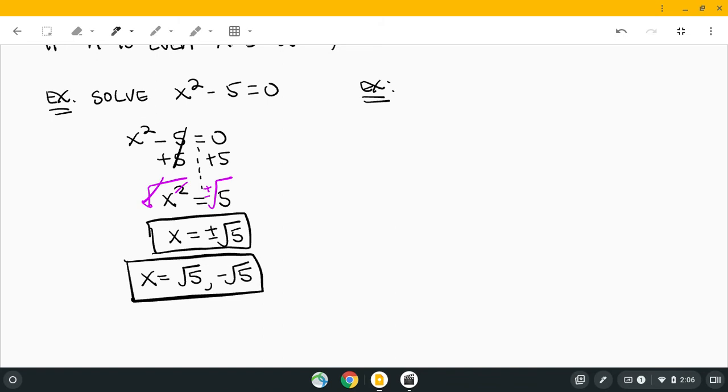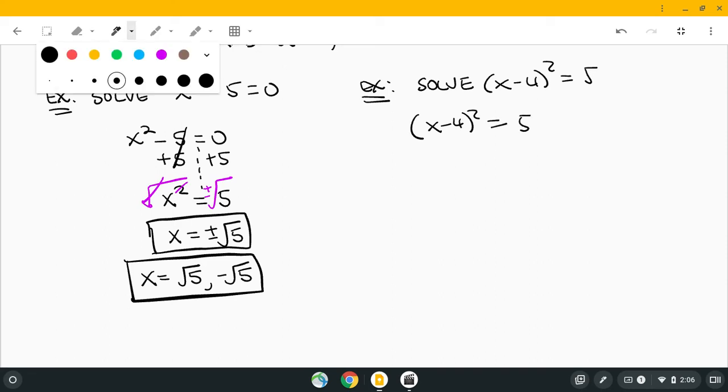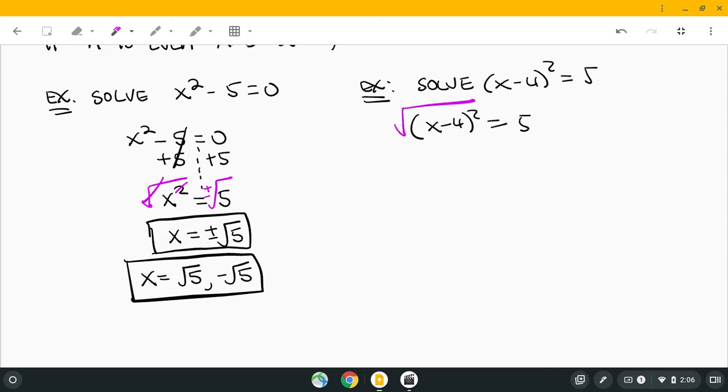Okay, let's take a look at this one. Solve x minus 4, quantity squared equals 5. So we need to cancel out that square. So we will use the square root.